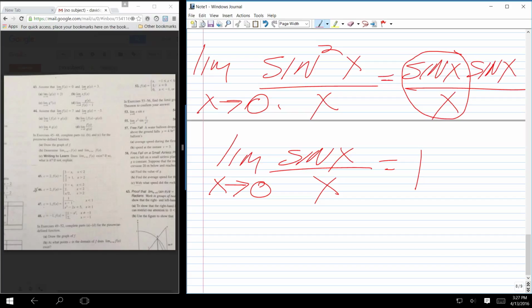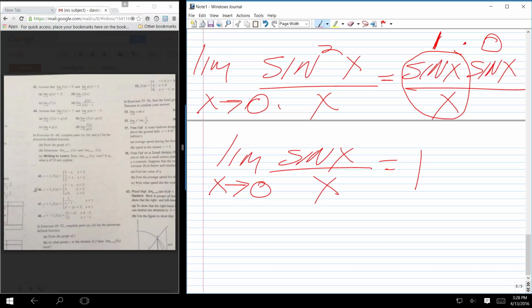I know that's approaching 1, so I'll put 1 up there. Well, what is sine x as x approaches 0 going to approach? Isn't that just 0? Yeah, so it's going to be 1 times 0, or 0. So the limit is going to be 0 as x approaches 0.